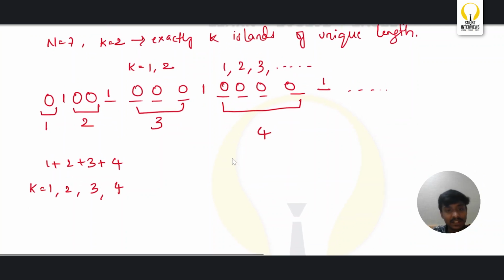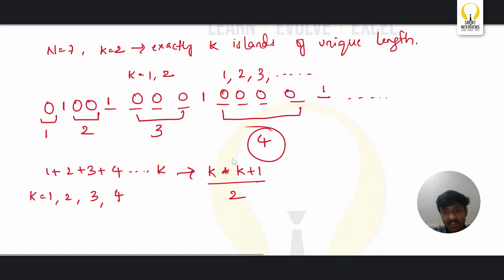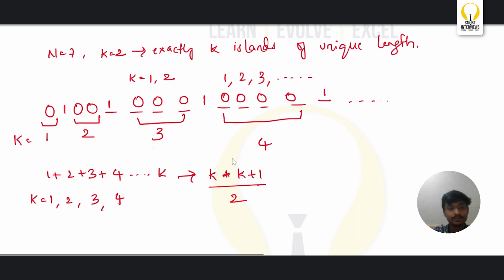So can I simply say it as, until k times, k into k plus 1 by 2? 4 plus 3 plus 2 plus 1, that is nothing but the sum of first k natural numbers when you take k as 4, right?